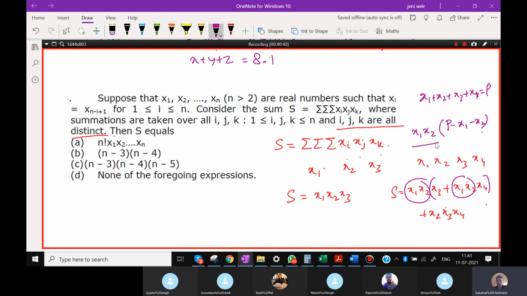So for any two of them, they will be multiplied by the total sum minus the sum of those two. Okay, so that means S will be equal to the sum over xi xj into (p minus xi minus xj).